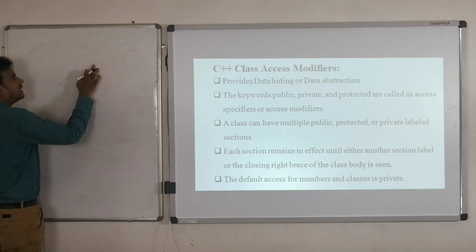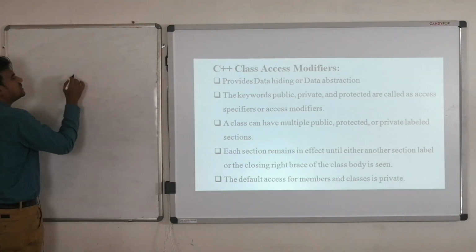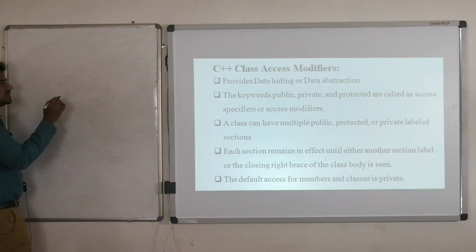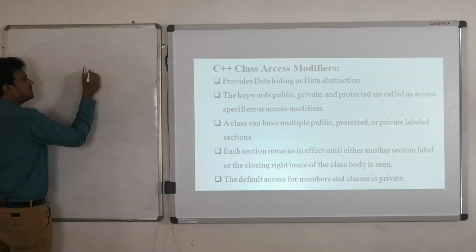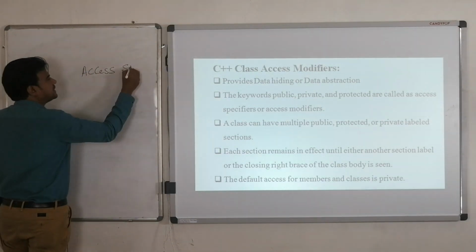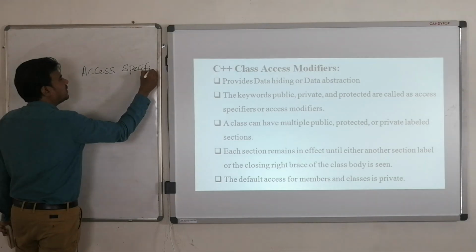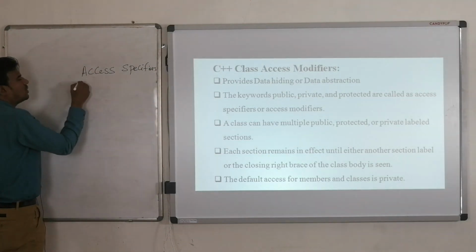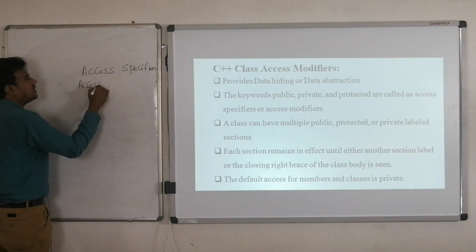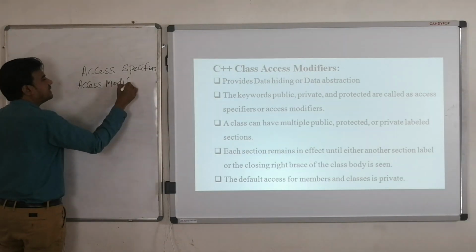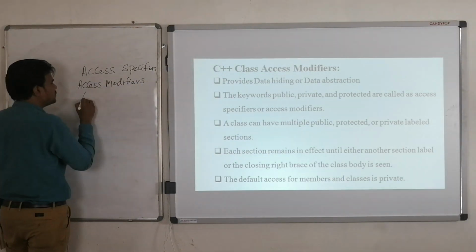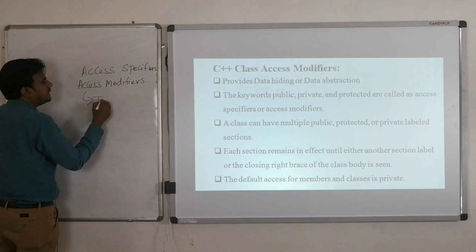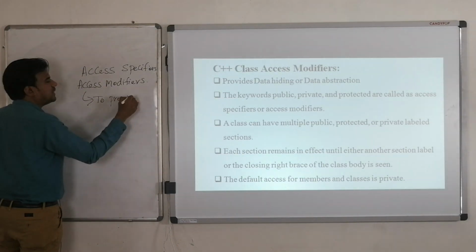The programmers or the authors will use these two names as synonyms. Access specifiers, or we can also call them access modifiers. And why are we using these things? To provide security to the data.